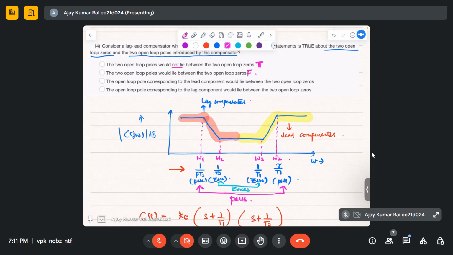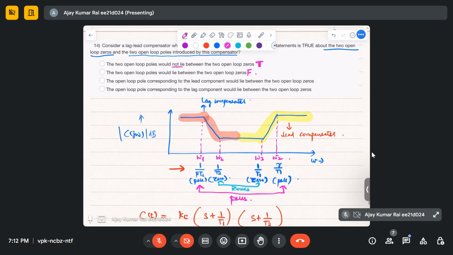So let's go to the third statement. The open loop pole corresponding to lead compensator. So you know where is lead compensator and what is the open loop pole? The last corner, omega 4. You see omega 4, that is the open loop pole corresponding to lead compensator.